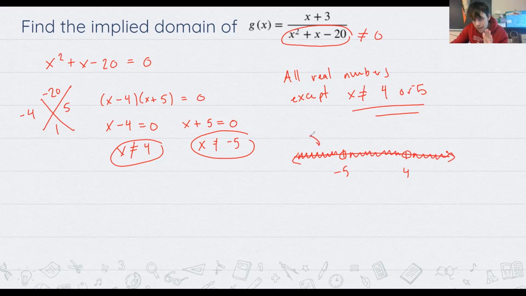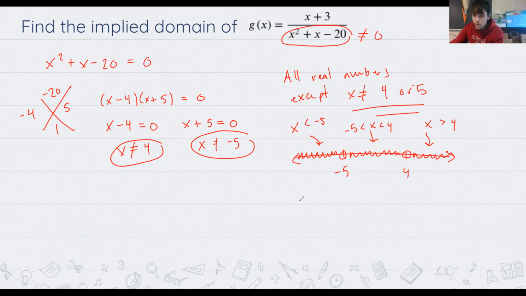So technically we have 3 distinct intervals, and we could write those out using interval notation or inequalities. This one would say x is less than -5, this would say x is between -5 and 4, and this would be x is greater than 4. And we have a combination of all 3 of these intervals.